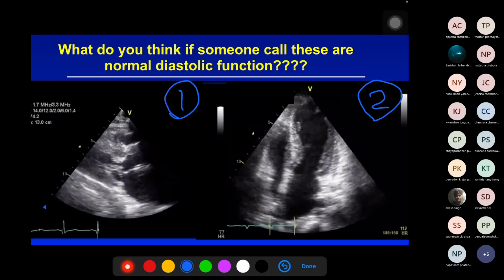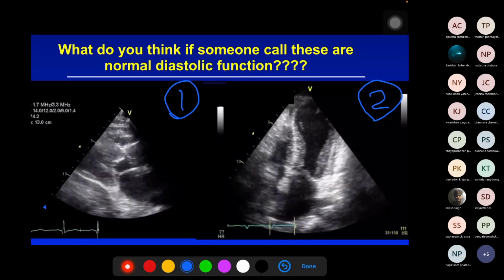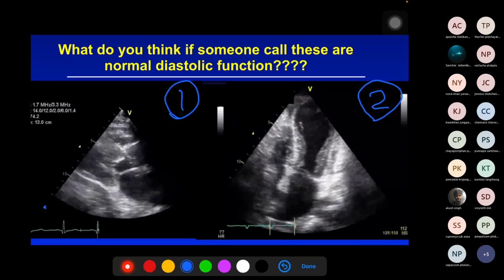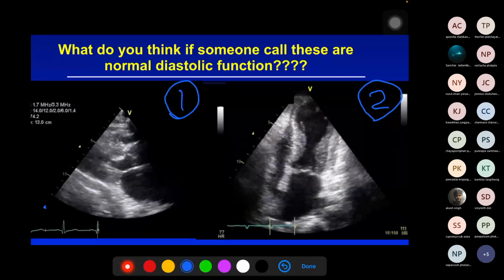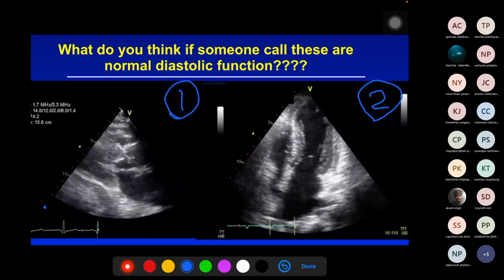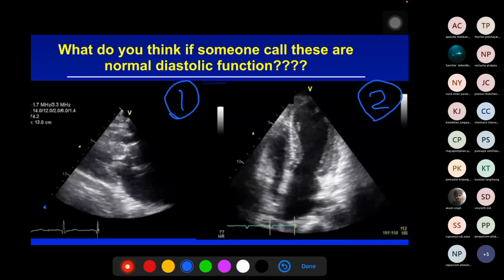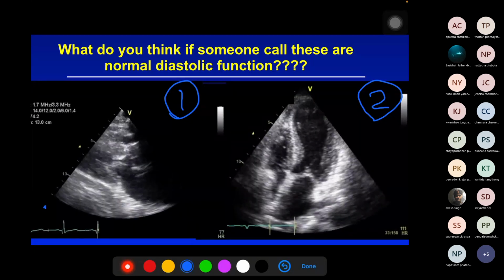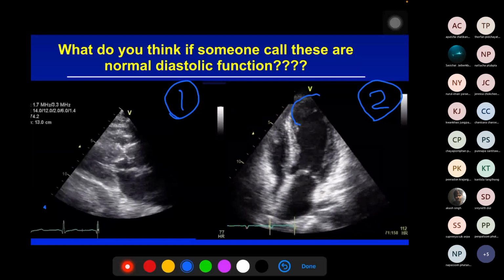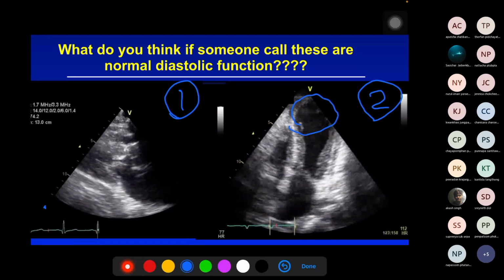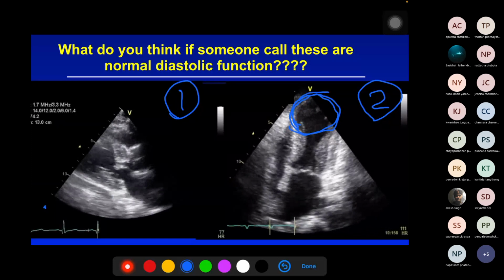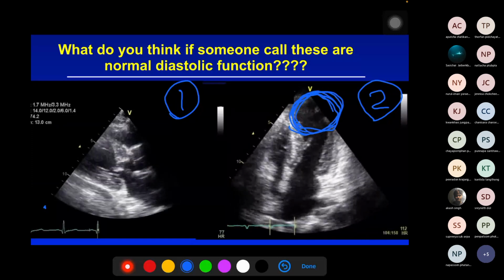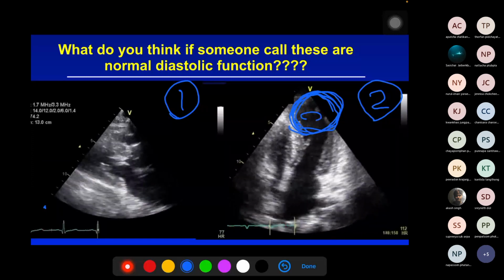Okay. So I think the picture alone is not fair for you to give the answer. Let me give you some more clues. You see in number 1, the heart contraction is okay. But in number 2, you see this area that I circled or marked. It does not contract in this area.